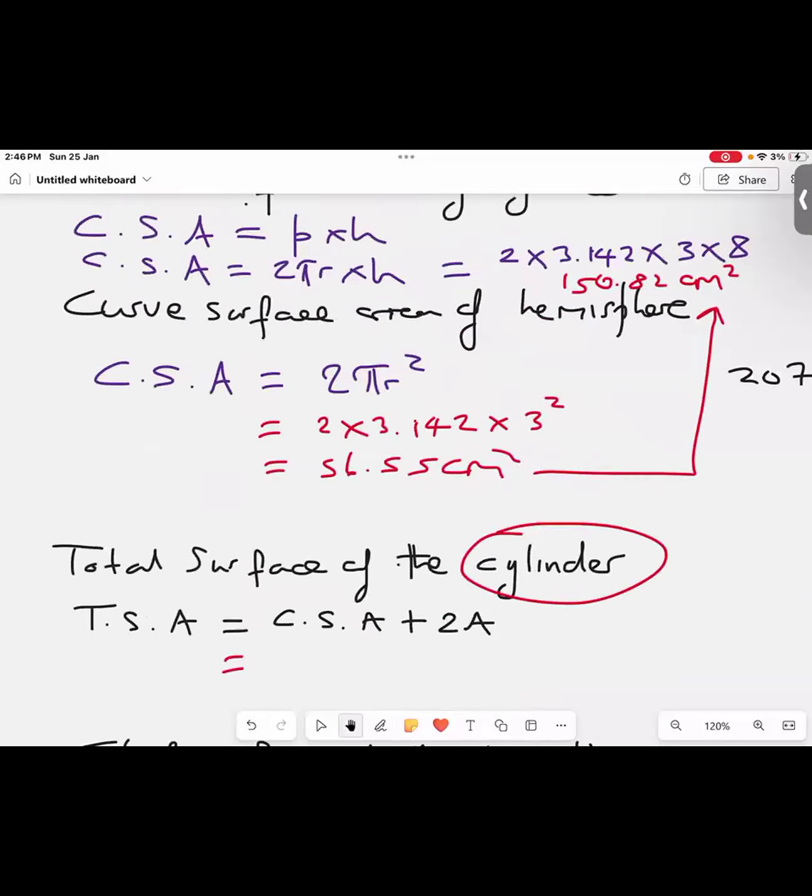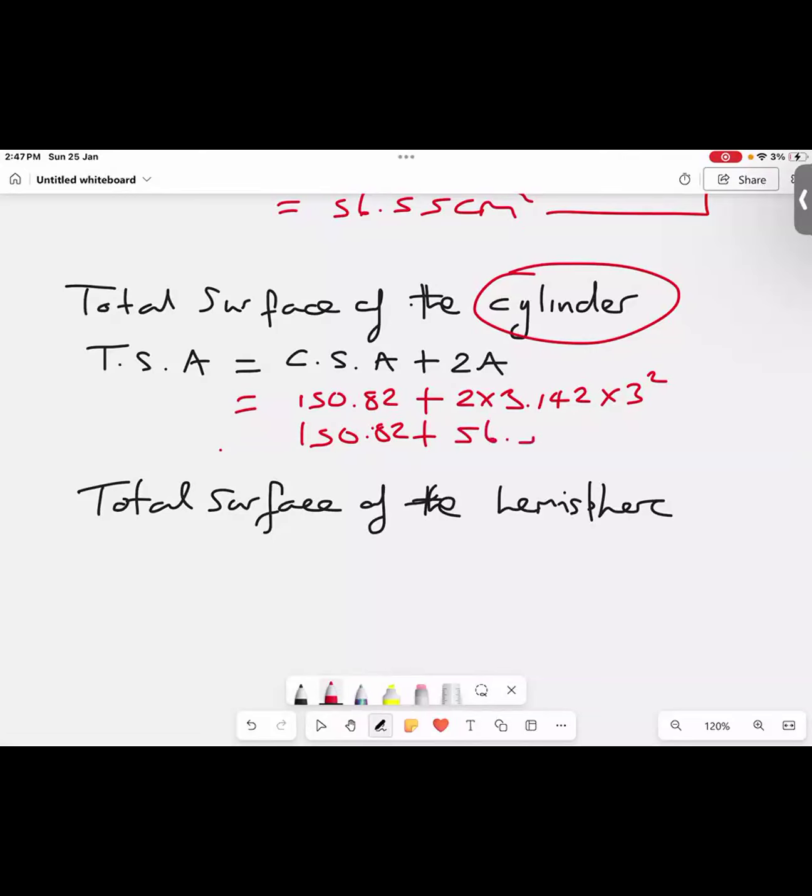I got 56.56. 56.56. And add those two together, what do you get? 207.38.